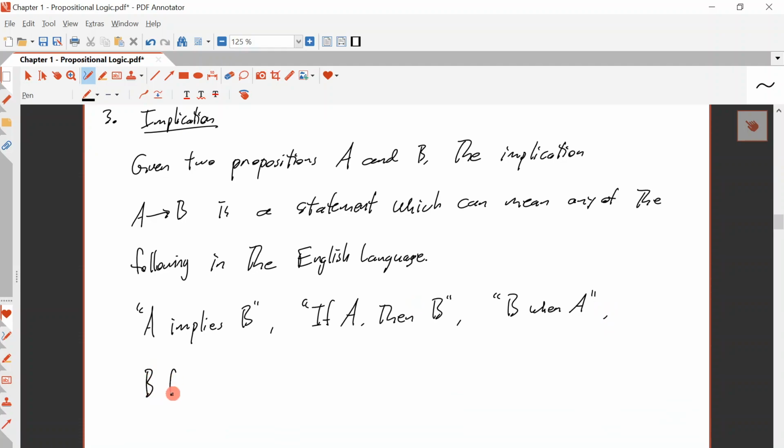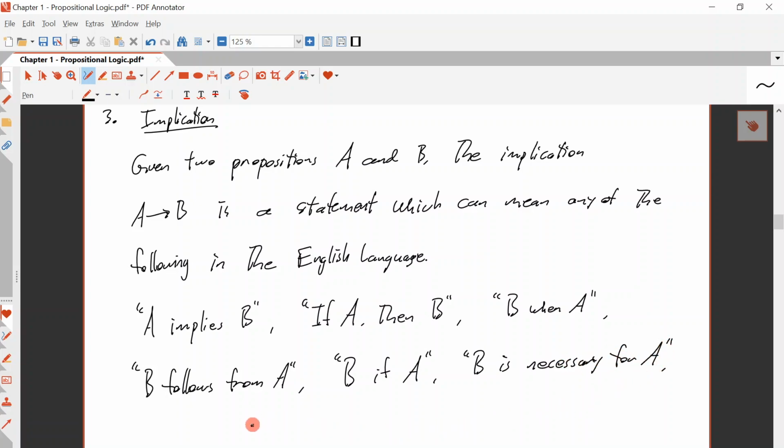B follows from A. B if A. B is necessary for A. A is sufficient for B, and more.